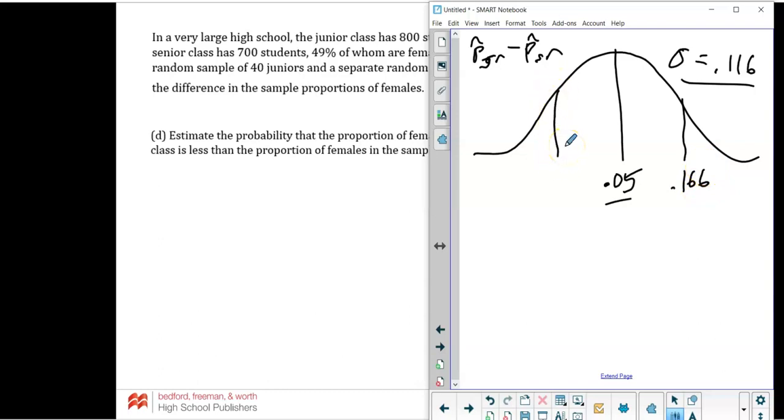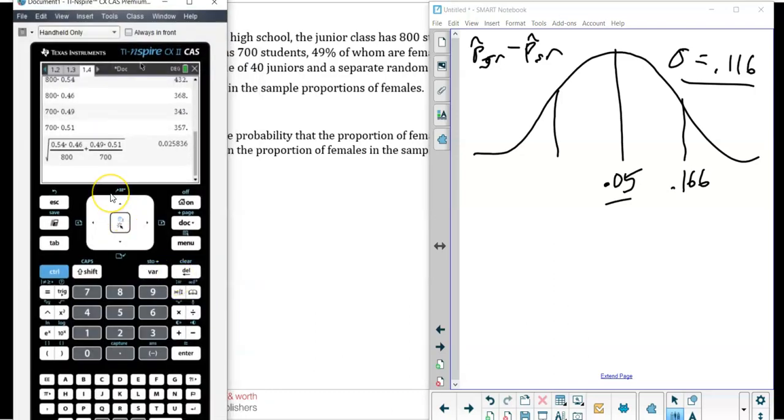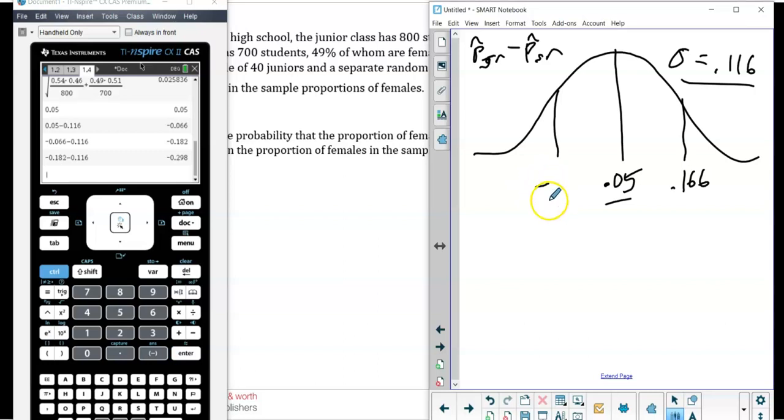Subtract. This gets just hard enough that you might want to use your calculator at some point here. So 0.05. I like to do it this way: I press enter, then I hit minus 0.116. Hit enter 3 times. Those give you the next 3 values. So negative 0.066.